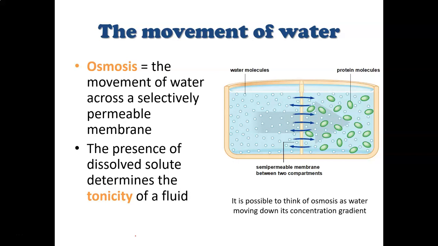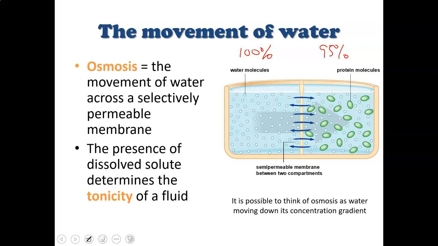Osmosis is really the movement of water down its concentration gradient. So what's the concentration of water on the left side? It's 100%, right? And on the right side, let's say it's 95%. 95% water, 5% protein.